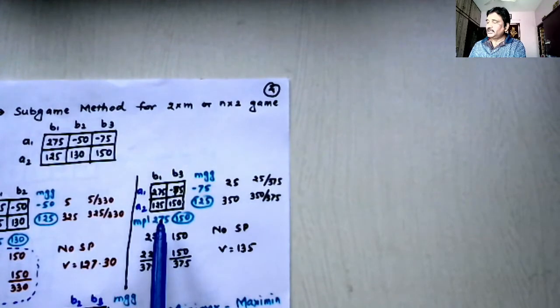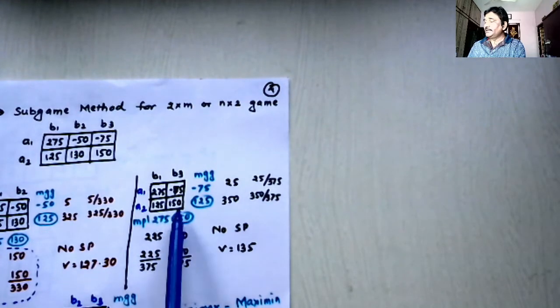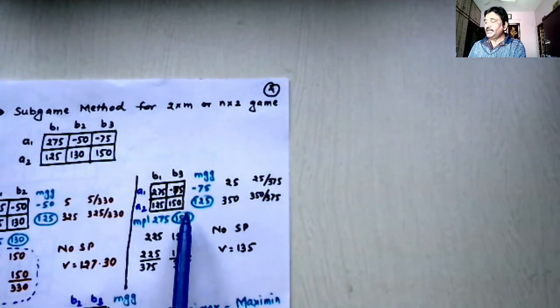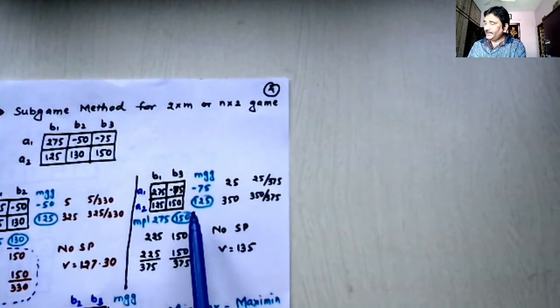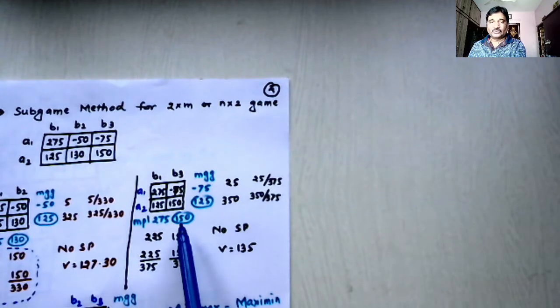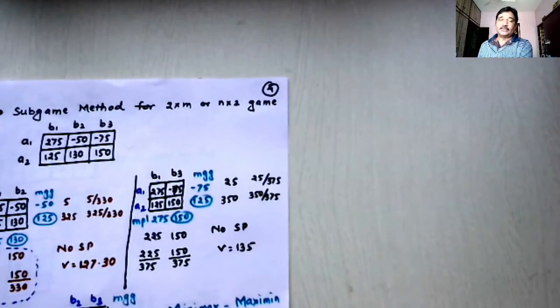Maximum possible loss is coming out to be 275 here and 150 here. The minimum of maximums is 150, and we find that maximin is not equal to minimax, so there is no saddle point. Now you should use the arithmetic method.